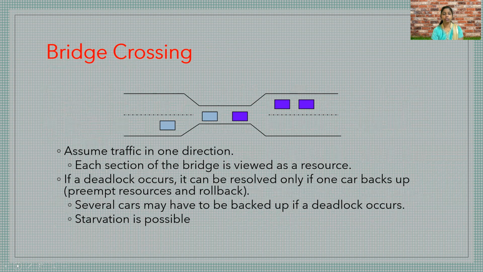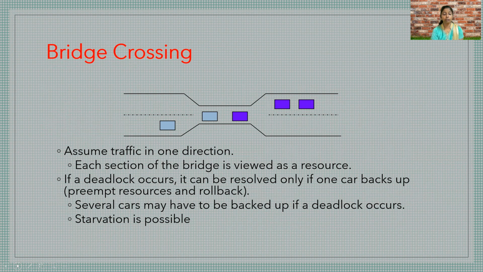Another example could be a bridge where a part of the bridge is narrowed, where only one vehicle could move. Hence, traffic can move in only one direction. This could be a deadlock situation where one of the vehicles should back up and give room for the other to move on.